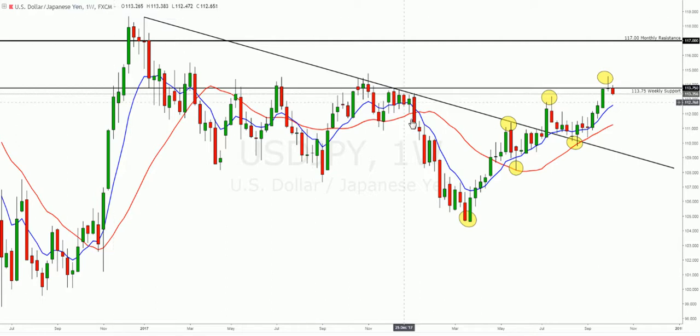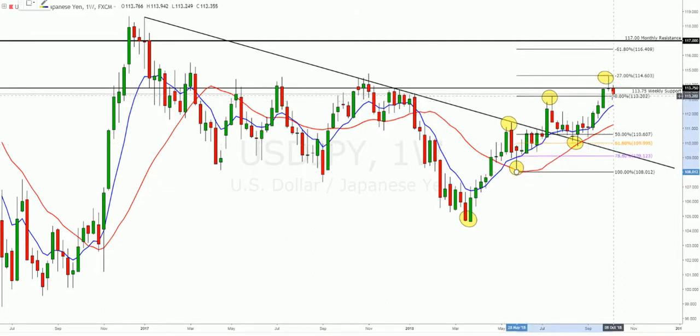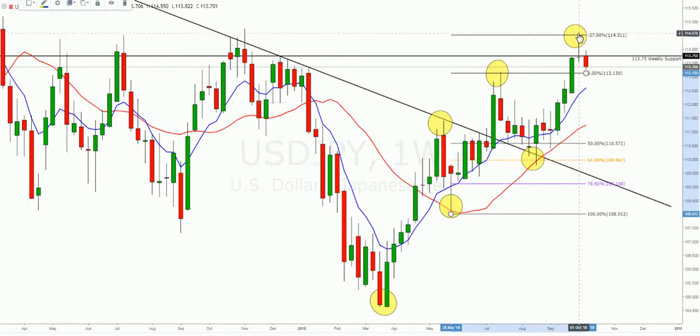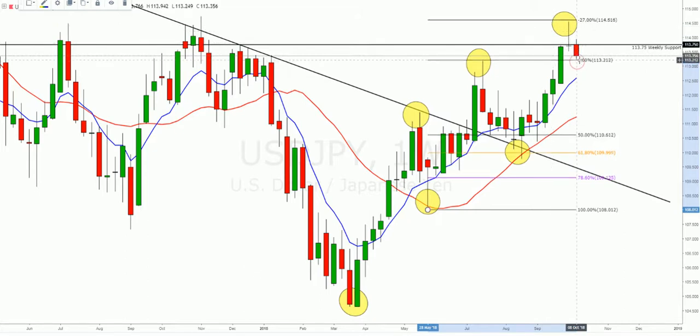Can't really see any great Fibonaccis. We did have this weekly fib where price came into that refined zone, and then last week completed that move almost to the T, within a few pips hitting that 114.511 extension.